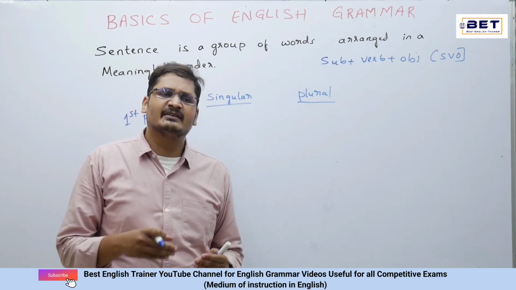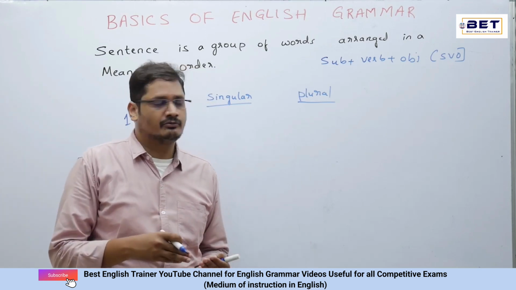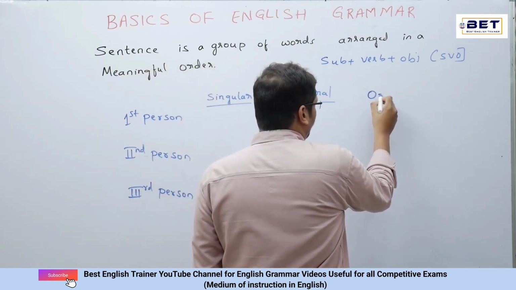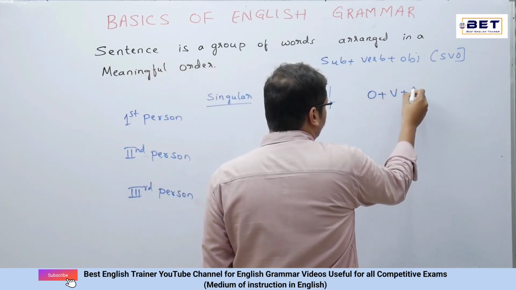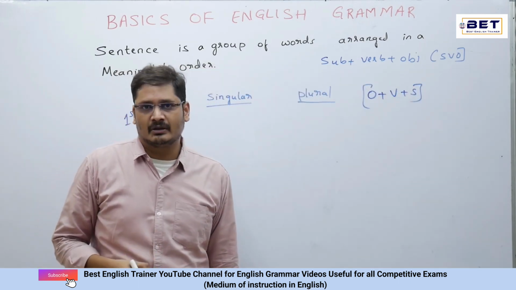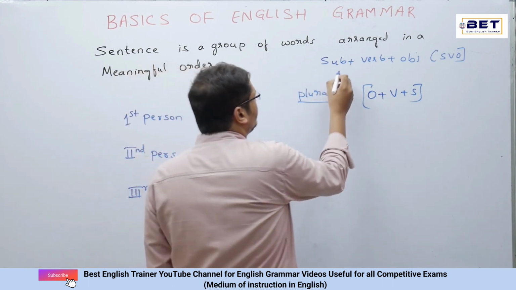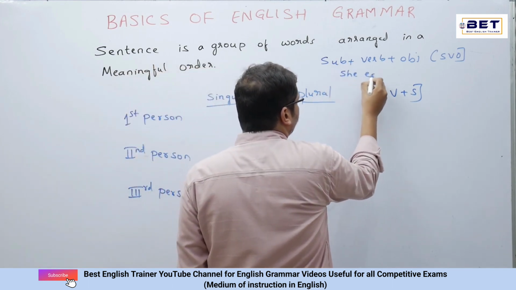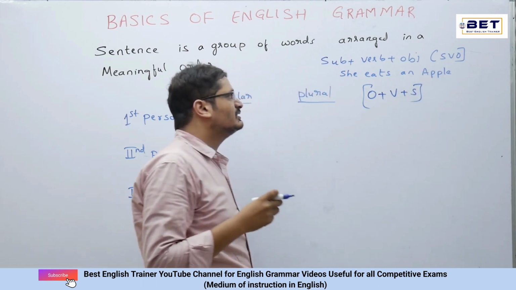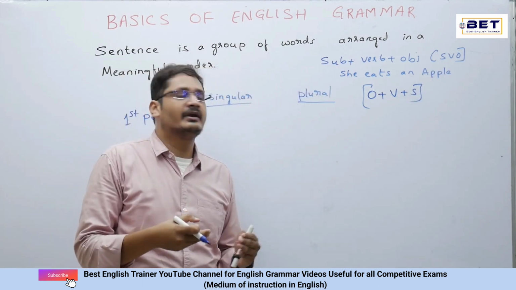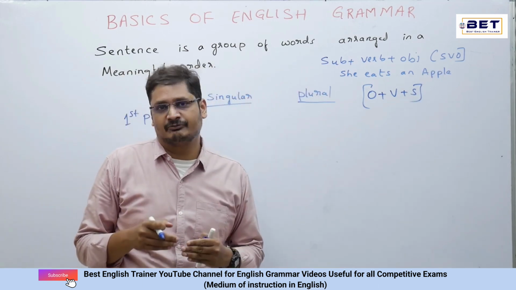We can also form a sentence in another pattern. For example, we have object plus verb plus subject. Let's see a small example for this. For example, I said, she eats an apple. For this particular sentence, we need to write it in the O plus V plus S format.